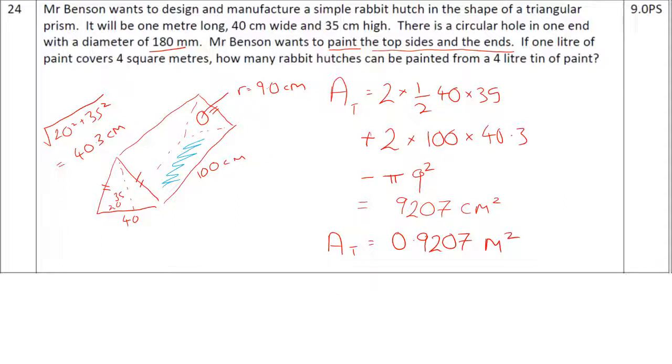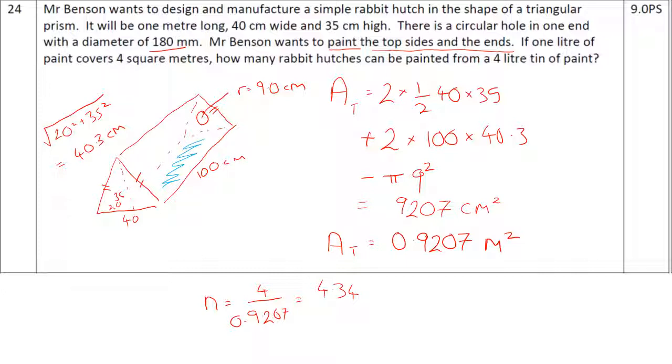And the question is, how many rabbit hutches can be painted from a 4-litre tin of paint? Oh, I realised I did this wrong the first time around. So 1 litre covers 4 square metres. So the number that we get with just 1 litre of paint is going to be 4 over 0.9207, which is 4.34 rabbit hutches per litre of paint.